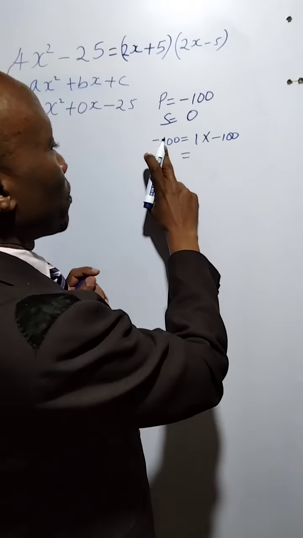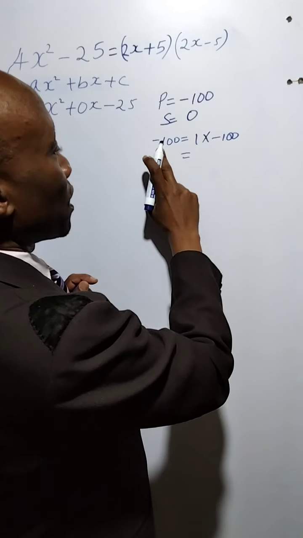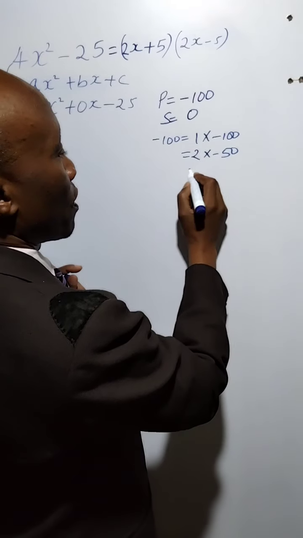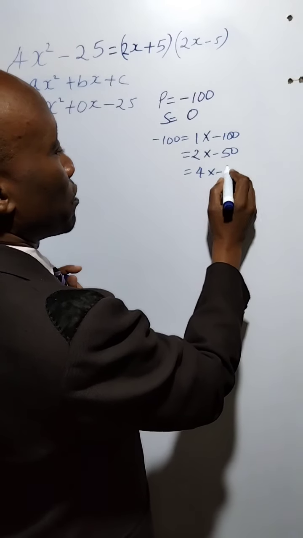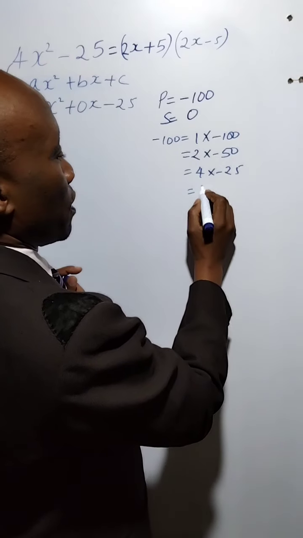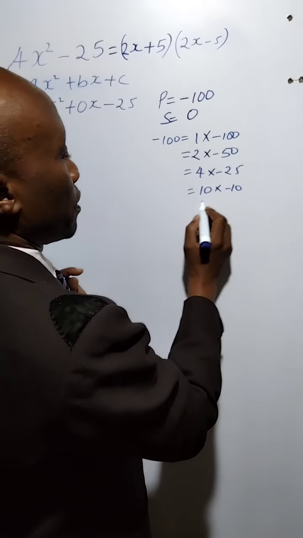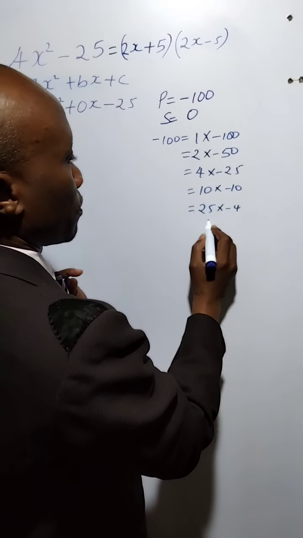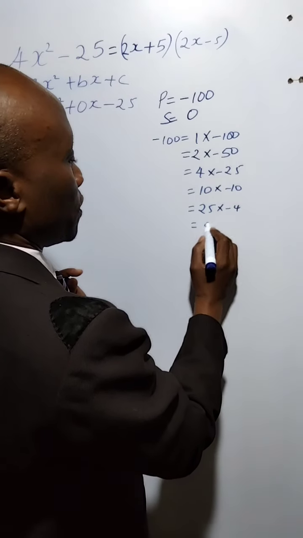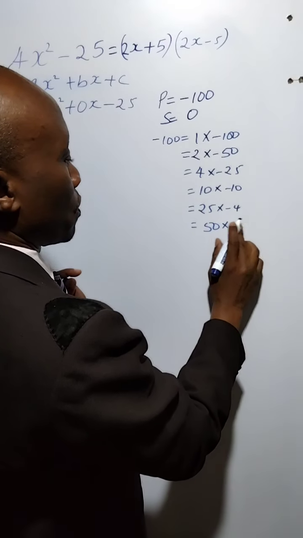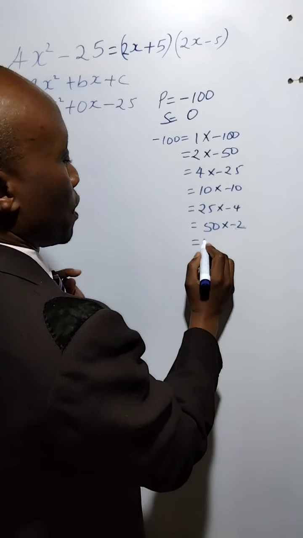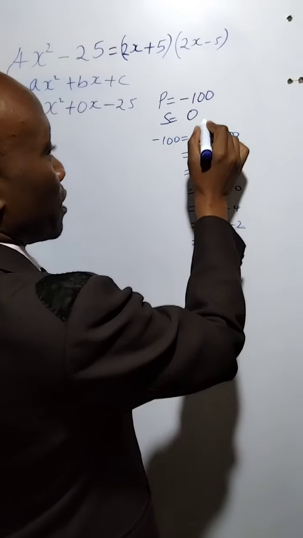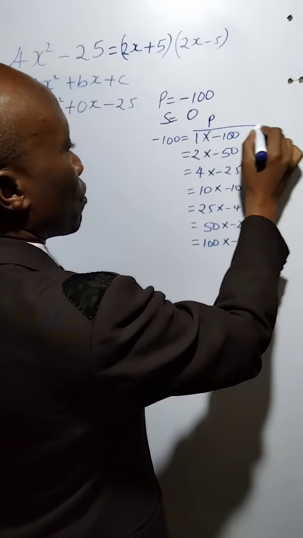So we can multiply 1 by negative 100, 2 by negative 50, 4 by negative 25, 10 by negative 10, 25 by negative 4, 50 by negative 2, or 100 times negative 1. Each of these, when you multiply them, gives you a product of negative 100.